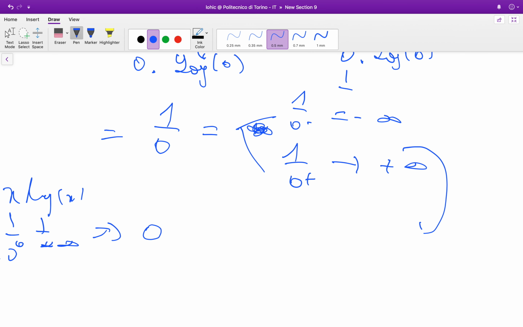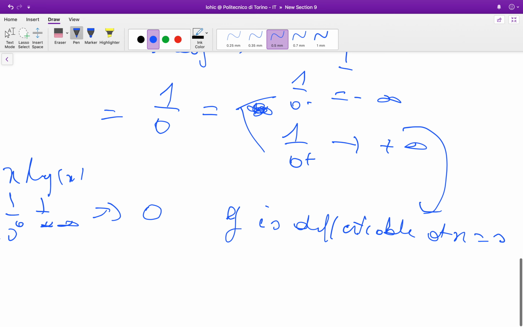When the point gives different infinities from one side to the other, we say first of all that g is not differentiable at x equal to 0. But when the derivative gives plus infinity on one side and minus infinity on the other side, we say that x equal to 0 is a cusp point. Okay, it's a cusp.